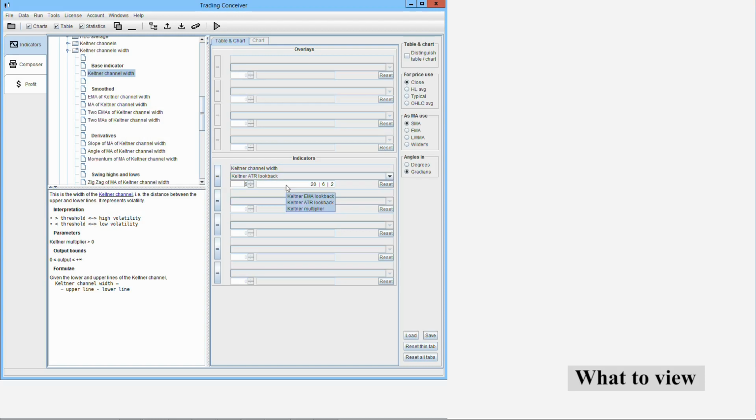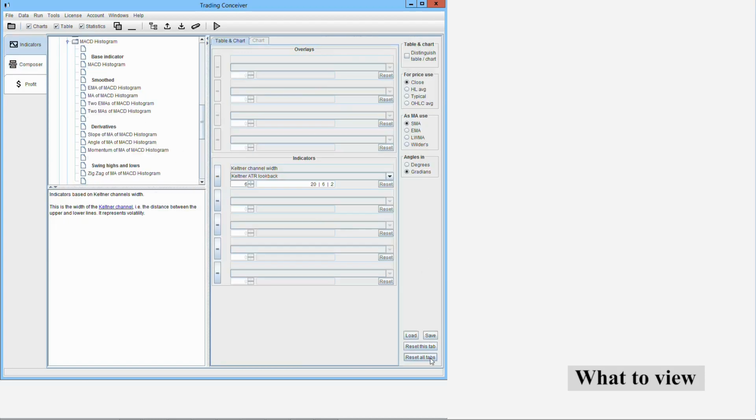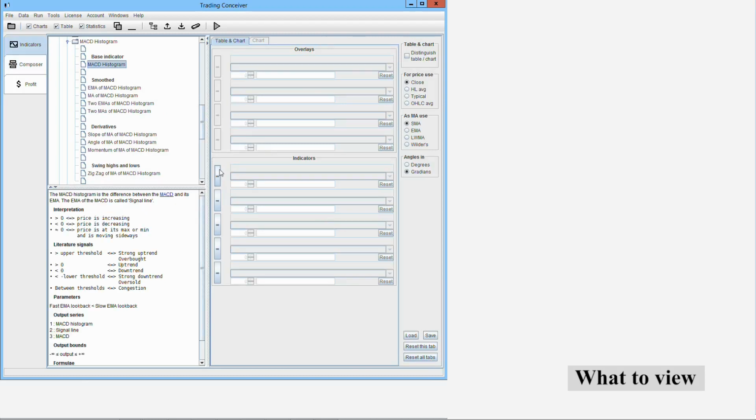Probably you want to monitor the indicators you use in your trading system, so you want to chart and table the indicators and algorithms used in the Composer tab. These ones. So we select the MACD histogram.